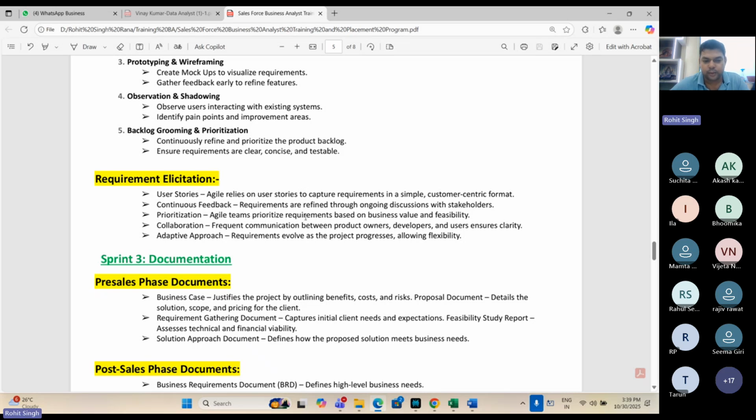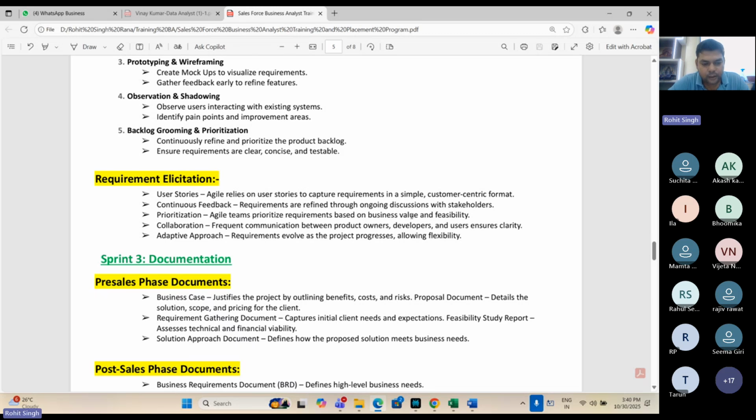We have to make sure that we prioritize the business needs, values, and feasibility to ensure that the requirements are up to date, and this is what the client is expecting. And we keep on collaborating and communicating with our internal stakeholders as well as external stakeholders, so that we can have continuous feedback for the retrospective or continuous improvement.